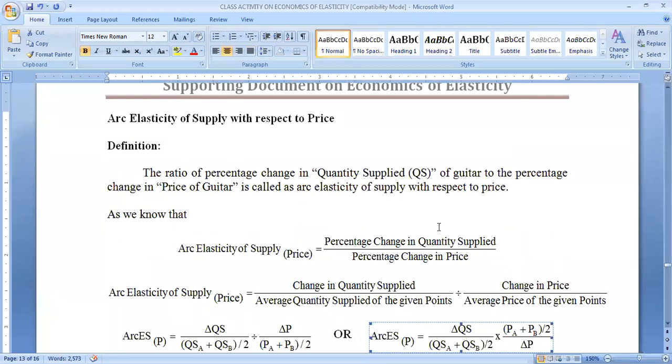Arc elasticity of supply with respect to price can further be written as, instead of percentage change in quantity supplied, we will replace it as change in quantity supplied divided by average quantity supplied of the given points. Then the fraction is written in the form of a sign of division. Then percentage change in price can be written as change in price divided by average price of the given points.